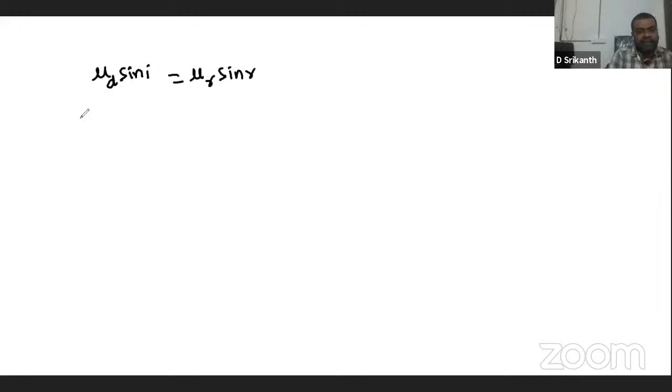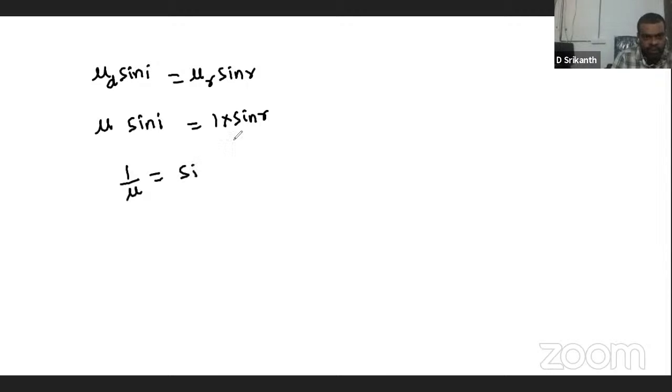Let us consider the rarer medium is air, whose refractive index is 1. So 1 by mu is equal to sine i by sine r.